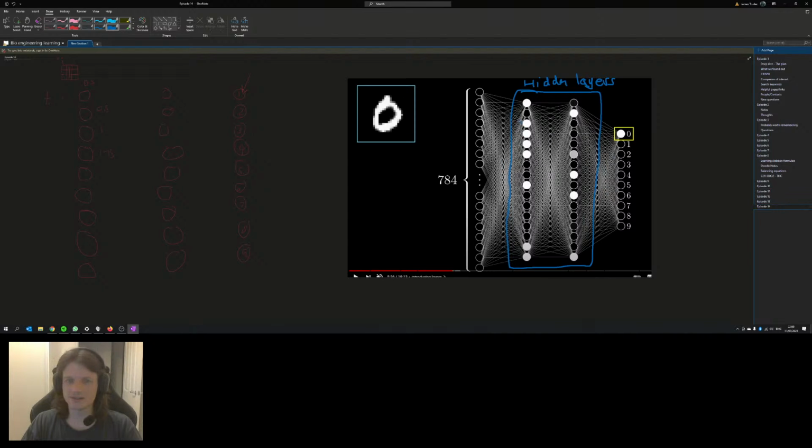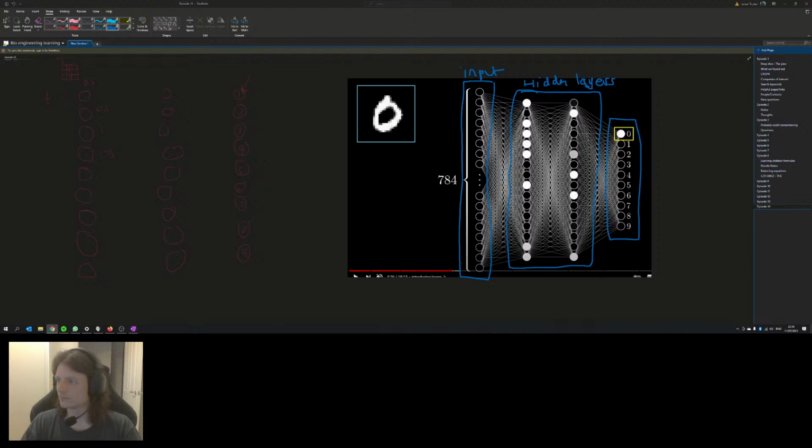And this is the input. And these are all possible values. See what he calls them though. I think they're the, see what he calls them.